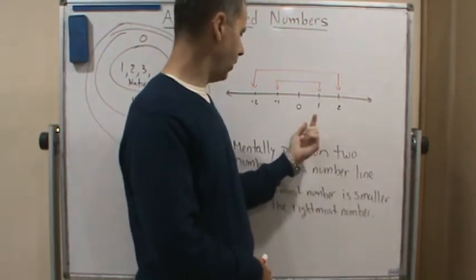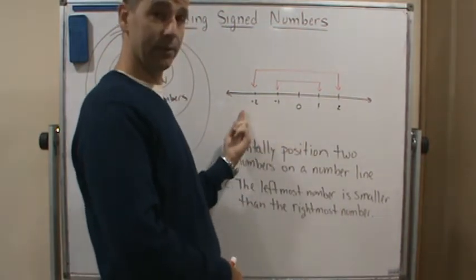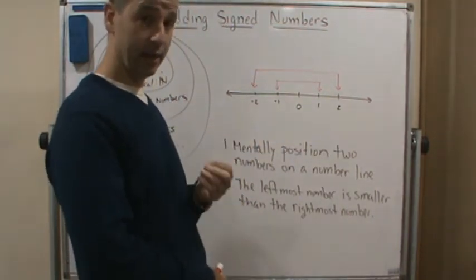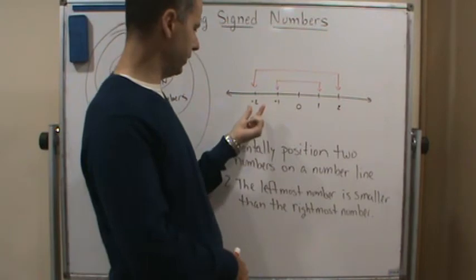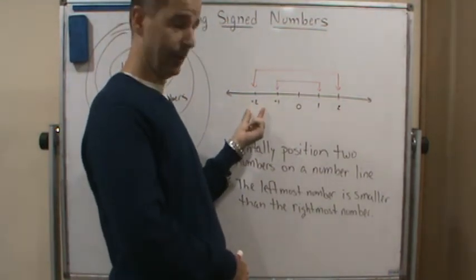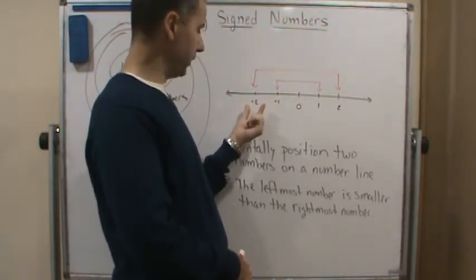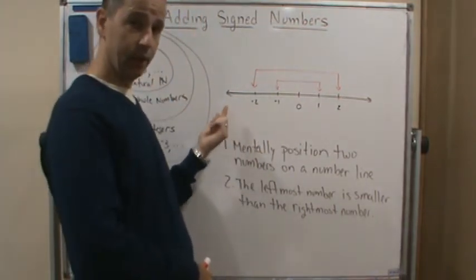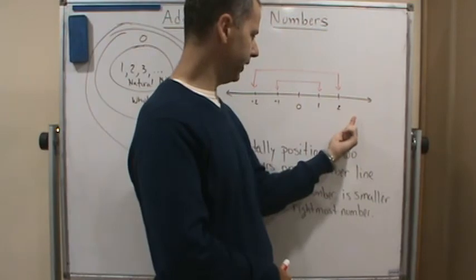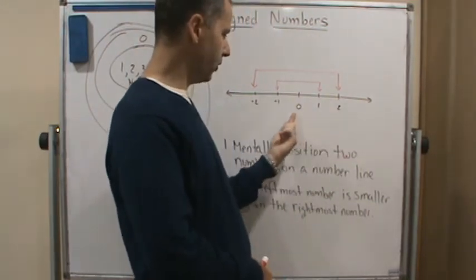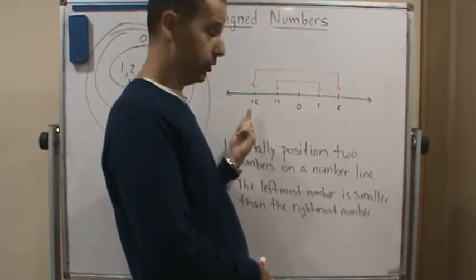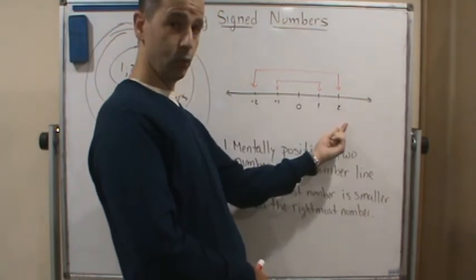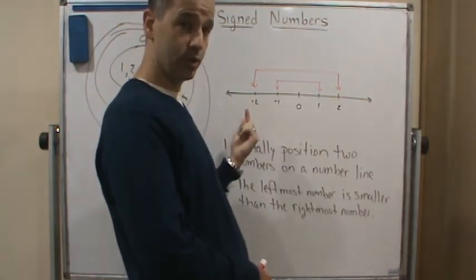Now, as you go to the left, the numbers are not getting larger, even though they're getting larger in magnitude, as far as absolute value, but they're negative. So as you go to the left on the number line, you're getting smaller. Going from right to left, you're going to smaller numbers.